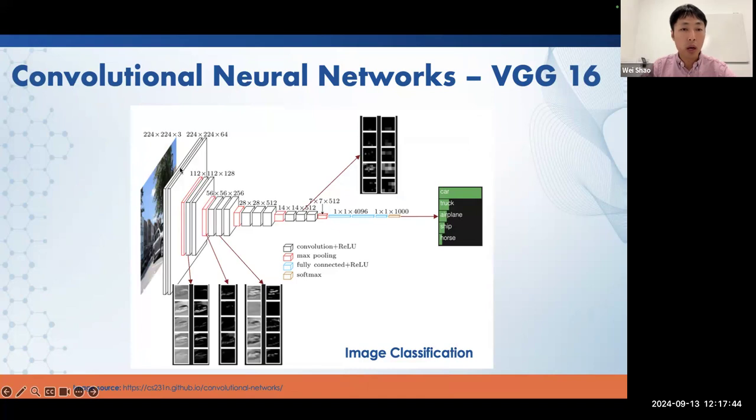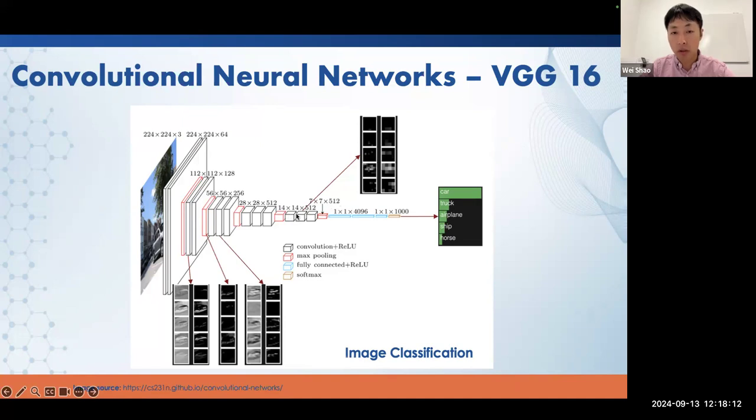In VGG16, we first have two convolutional layers to extract 64 features from the input image, and then I apply max pooling to decrease the image size, and then you continue this process. The trend is that we continuously decrease the spatial dimension of the image, but meanwhile increase the number of channels, so we have more features.